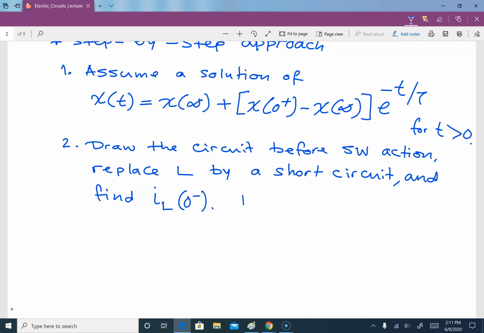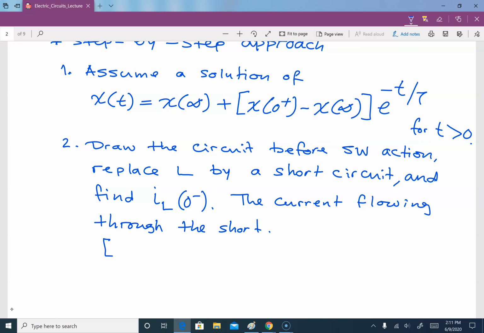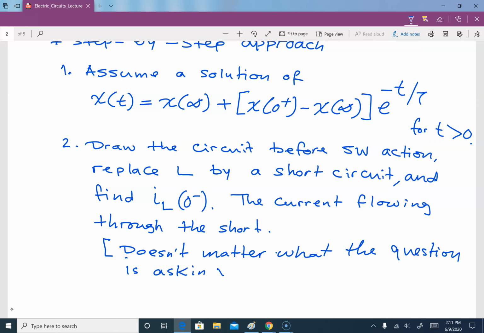So this is the current flowing through the short. I would like you to pay attention that for this step, it does not matter what the question is asking you.